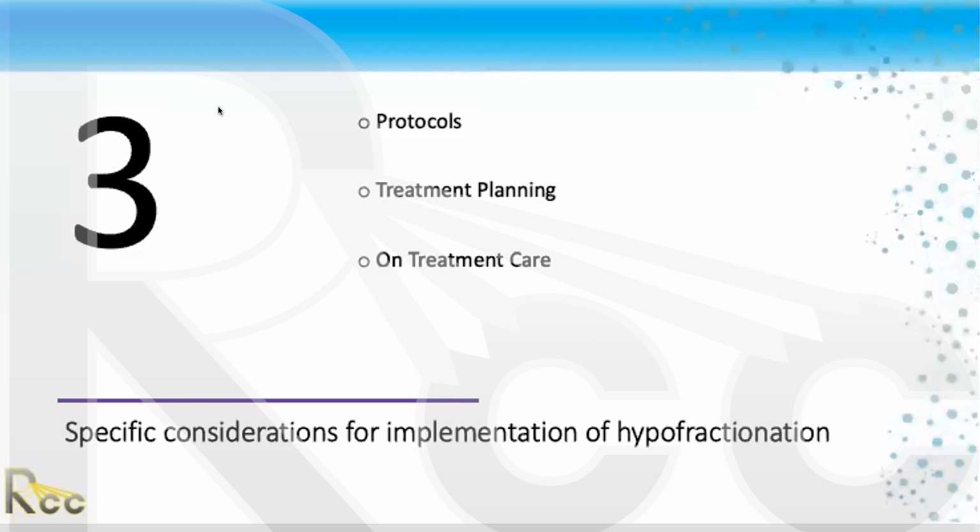However, in practicum, many of us have biases towards doing the more protracted fractionation, the standard of care, 60 gray. And when you look at individual and institutional experiences, those regimens often have shown some better outcomes when we treat with more protracted fractionation.